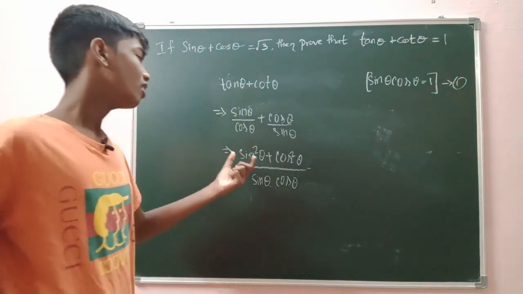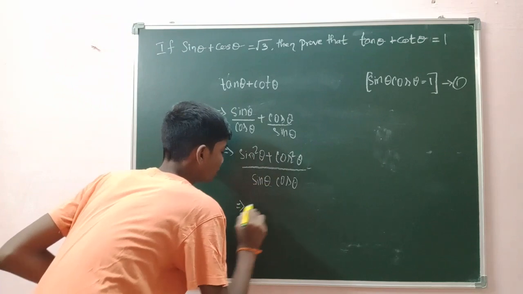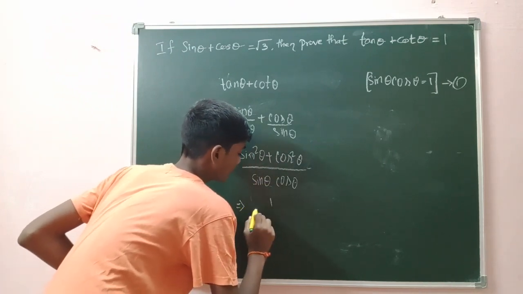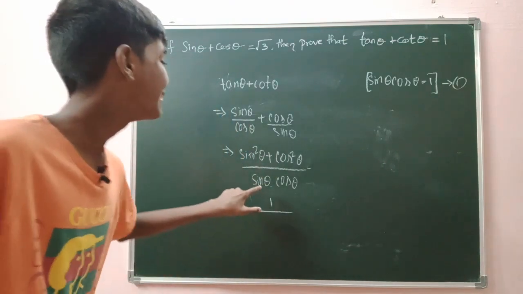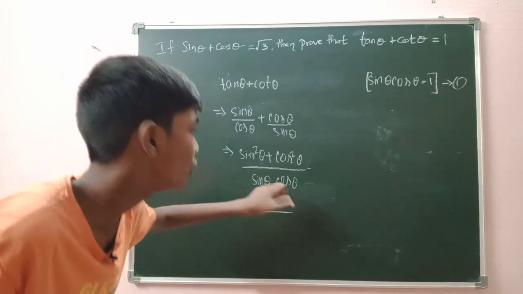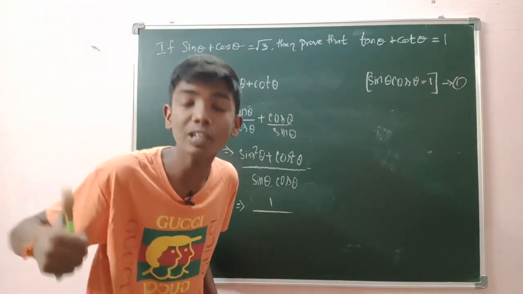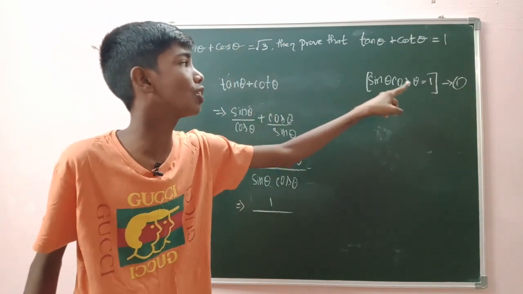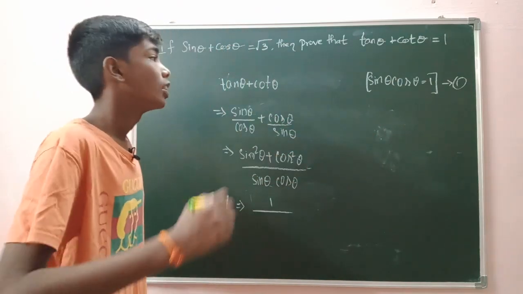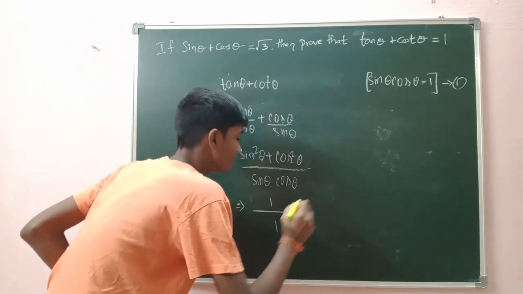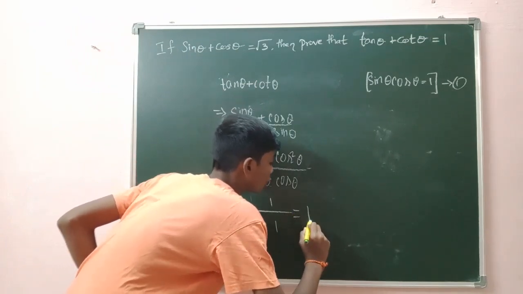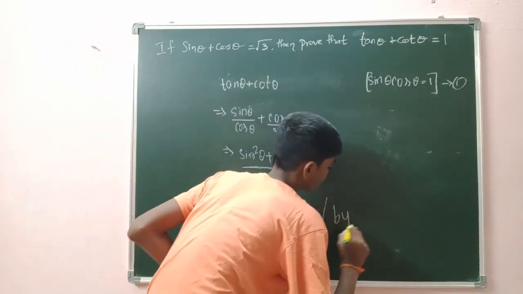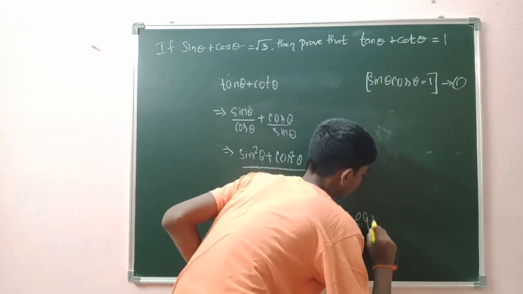Now people, we know that sin square theta plus cos square theta is 1, Pythagorean identity. Then divided by sin theta times cos theta. Do you know the value of that? Of course, yes. By using this, I found out that sin theta times cos theta is equal to 1. So I will get the expression as 1 by 1 is equal to 1, by equation 1.